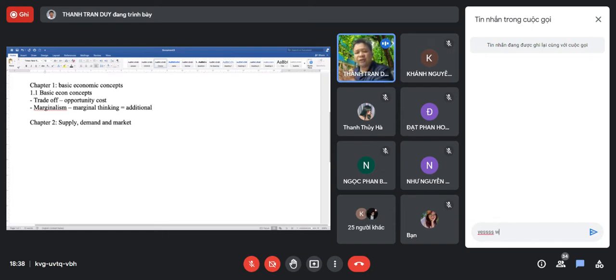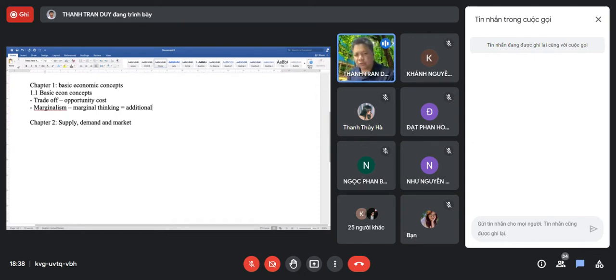And marginal thinking means that when we make a decision, we have to compare the additional or marginal benefit and marginal cost. That's what they call marginal thinking.